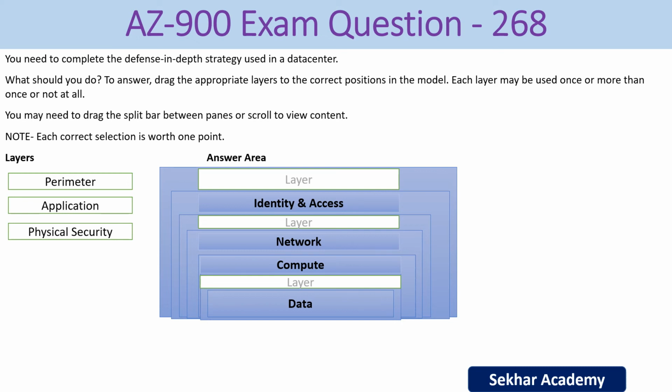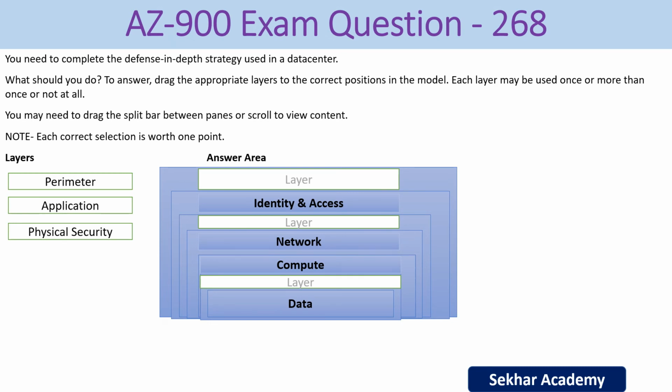Question number 268. You need to complete this defense in depth strategy used in a data center. What should you do? You need to drag the right layer into the answer area. Wherever you see the layers, you need to drag the right option. Perimeter, application, physical security.